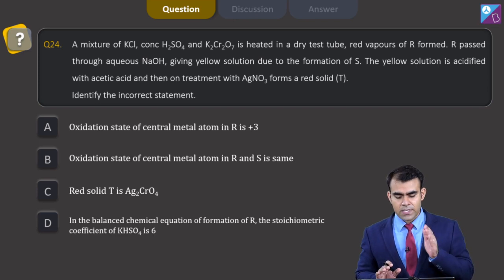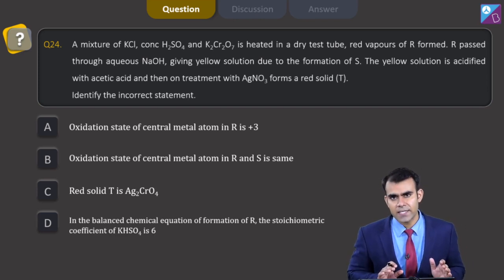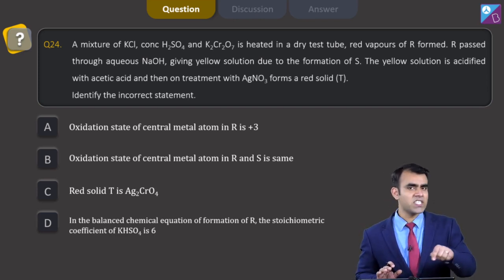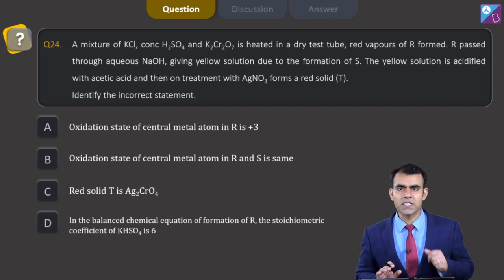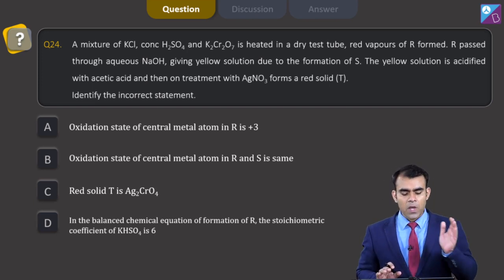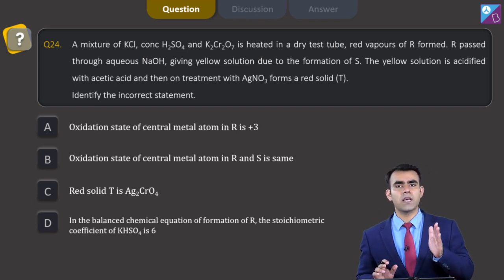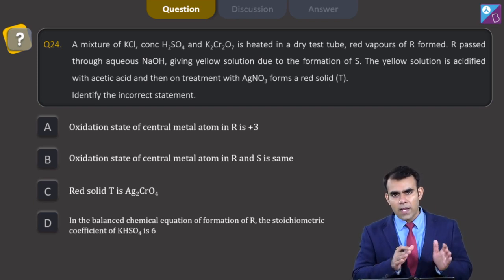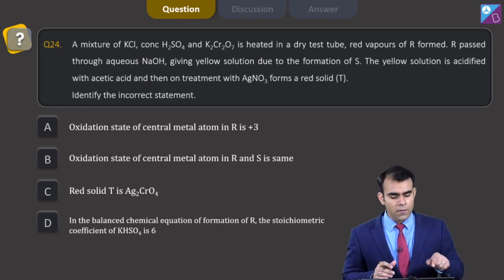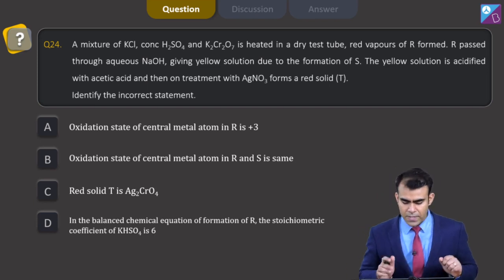Now after that, this yellow solution is acidified with acetic acid, because initially it is basic due to the presence of NaOH, and then on treatment with silver nitrate it forms a red solid, and this red solid is because of the formation of silver chromate. Now let's write the equations involved for these statements.